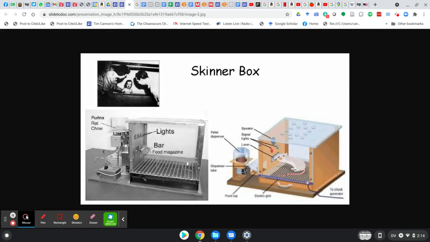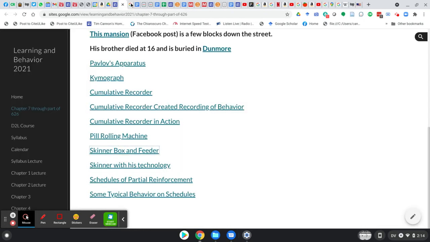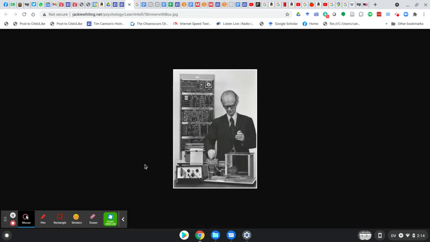Pigeons, of course, their boxes are very different than this. There, you're bringing a tray of grain up to them, but that's a good box. So I like that figure. I've never used that one before either. And Skinner with his tech. This guy had a giant head.